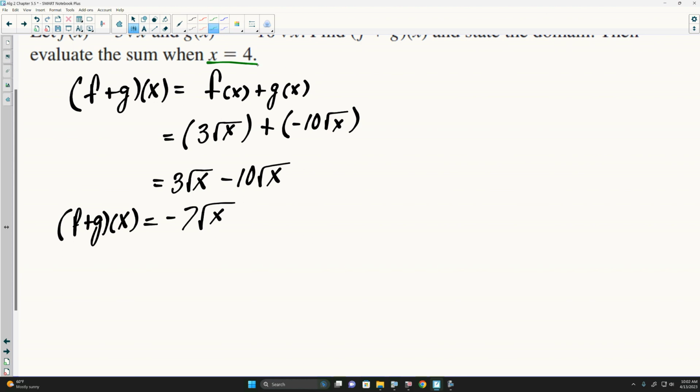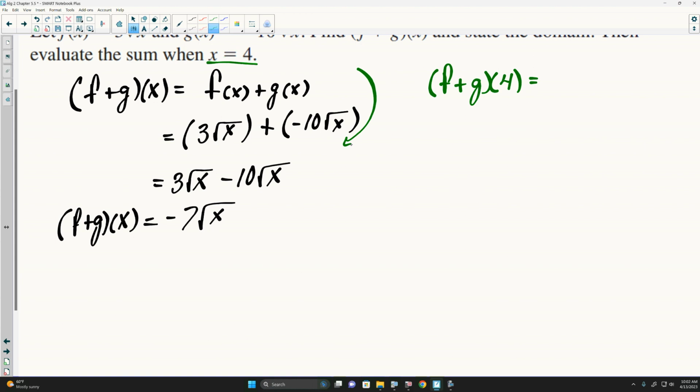Then it wanted us to evaluate when x is 4. So what that's saying is that we want to find out what f plus g of 4 is. We're replacing x with 4. Now we could go through the exact same thing we just did, having f of 4 plus g of 4, and going through all these steps to figure out what it is.